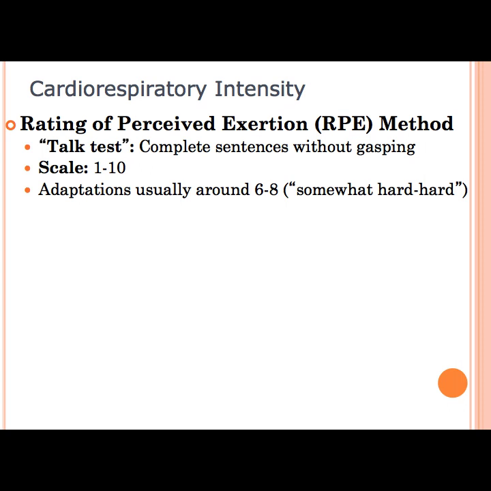So if they judge themselves around a 6, that gives us a good moderate level. 8 would be considered more of a vigorous level, in which we're trying to get more rewards for the exercise we're performing. However, getting up to 10 out of 10 is more of your maximum exercise that you couldn't maintain if you tried to go for an extended period of time.